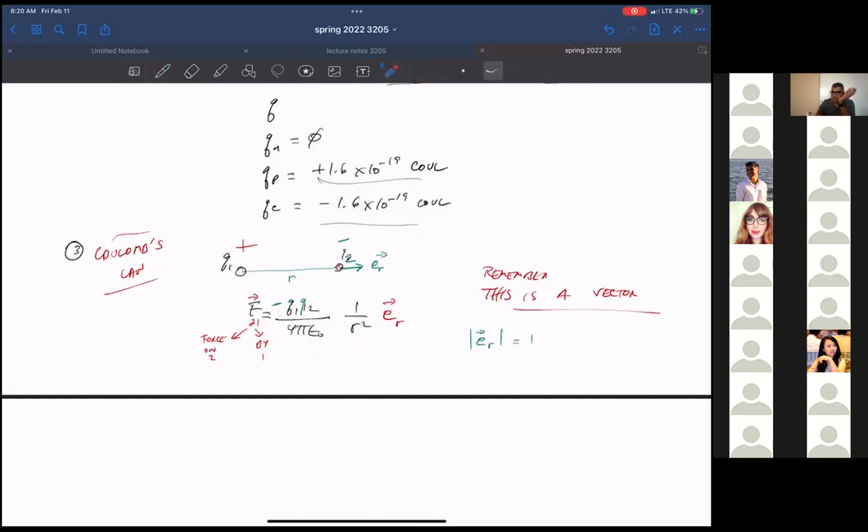E sub R is basically a direction away from Q1 that Q2 has. It's not a set definition. If I'd drawn it differently, E sub R would point in that direction. It's just a direction vector with unit amplitude. That's the critical thing, and again, it's just for mathematical convenience.